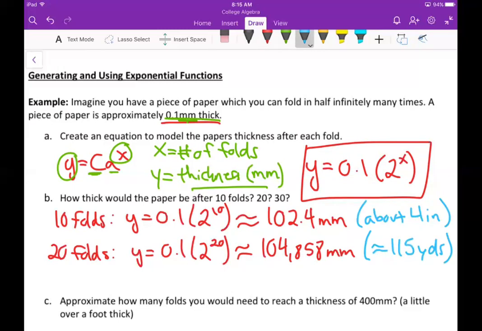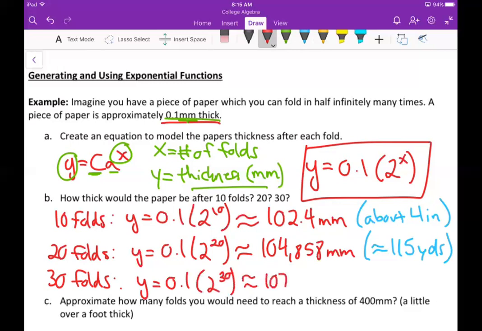Crazy. And if we go all the way to 30, we know by the image of this exponential growth, right, that this is just going to grow faster and faster. That if we take that 0.1 millimeter times 2, 30 times, our thickness will now be 107,374,182 millimeters, which is about 67 miles. 67 miles tall would be the piece of paper if we could fold it just what seems like not that crazy 30 times.